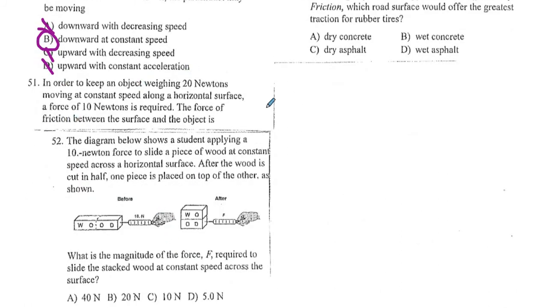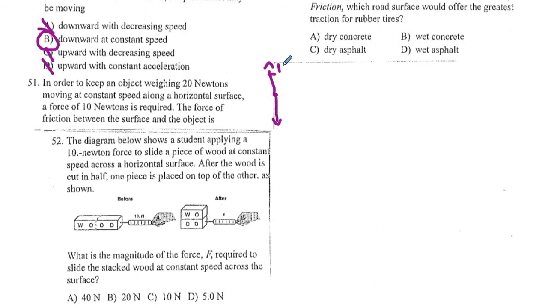All right, an object weighing 20 newtons moving at a constant speed requires 10 newtons worth of force. The force of friction. We saw something like this earlier, where we have a downward force of gravity, an upward normal force, an applied force, and then a frictional force.